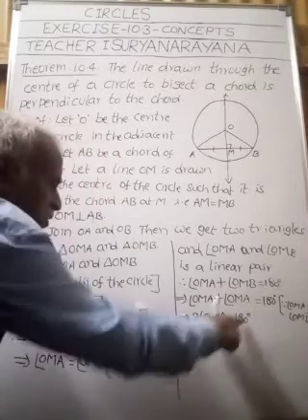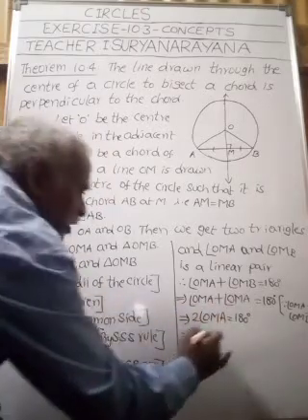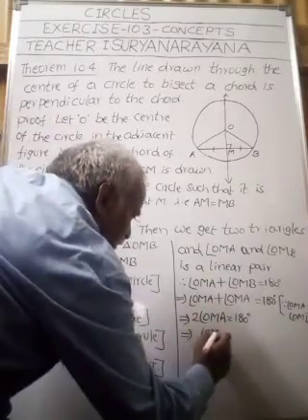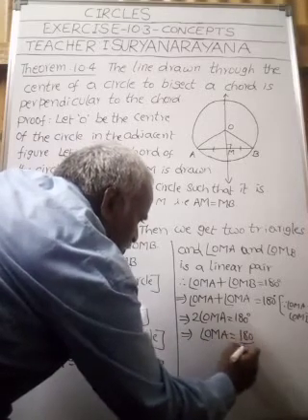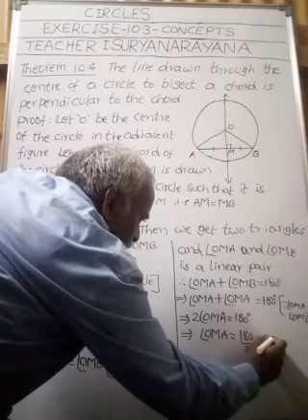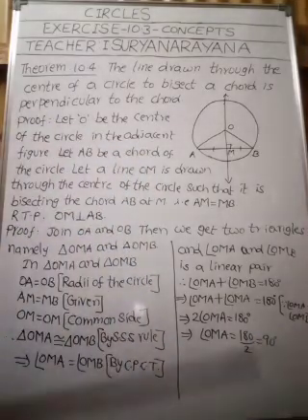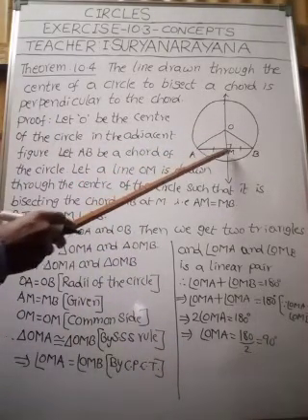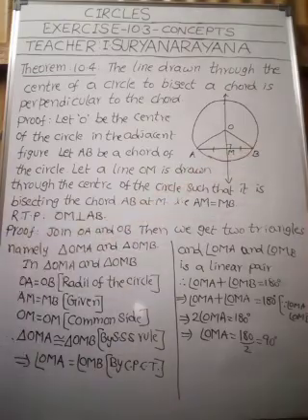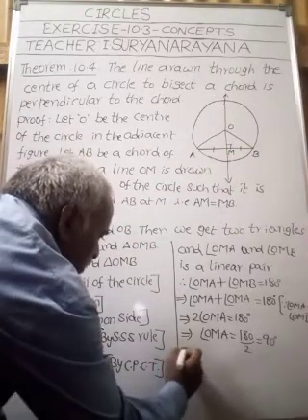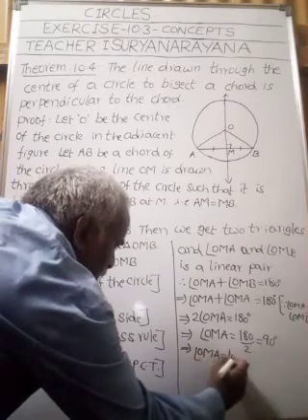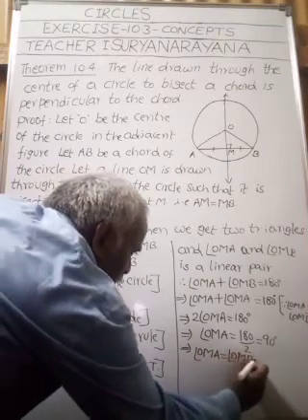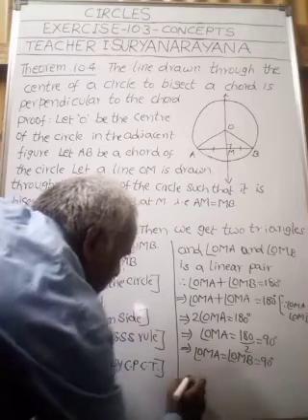So we transpose to RHS. Angle OMA is equal to 180 by 2, that is equal to 90 degrees. Angle OMA is equal to 90 degrees, and angle OMB is also 90 degrees.